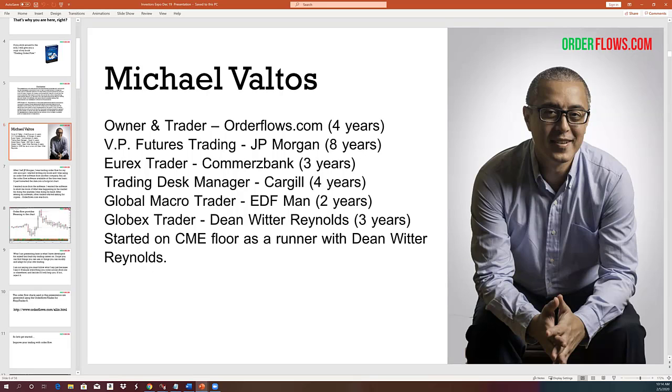So when you're on the floor, basically you're just looking at one or two markets, right? I was just looking at the Deutschmark and the Swiss franc at the time. But when I left the trading floor to go upstairs on the trading desk, all of a sudden I was watching not just Swiss franc and Deutschmark, but all the products on the CME, all the products on CBOT, all the products on NYMEX, COMEX, and then all the exchange traded products around the world.